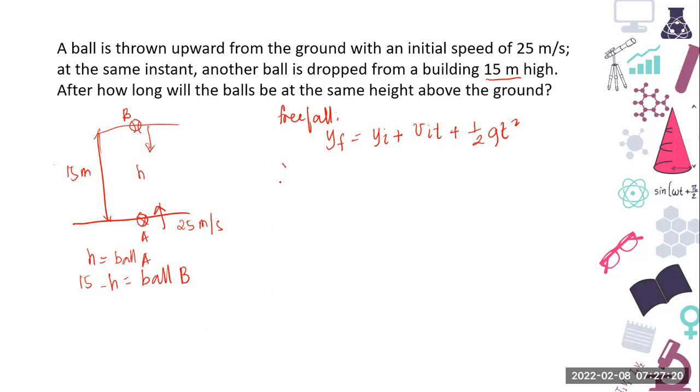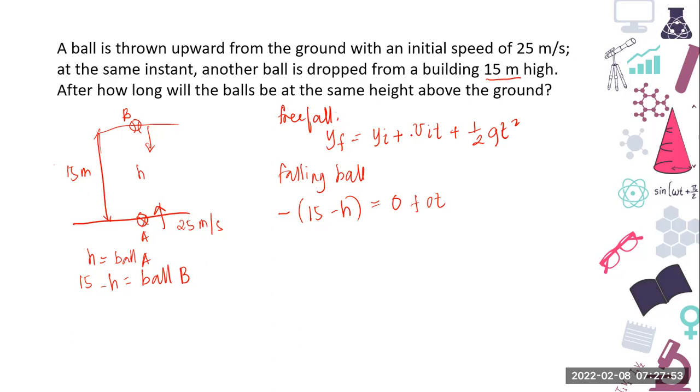So for the falling ball, let's first analyze the falling ball. We can say that its final height is negative 15 minus h. Ma'am, why negative? Because it's going down. The direction is going down. And then we know that if it's a falling ball, our frame of reference here will be 0, 0, and this will also be 0t.